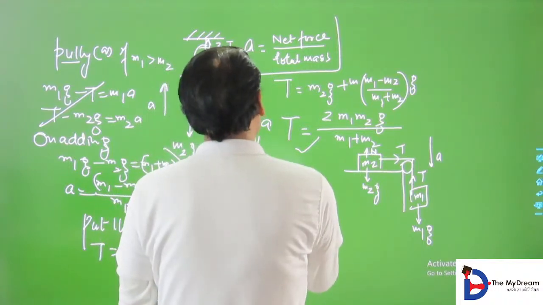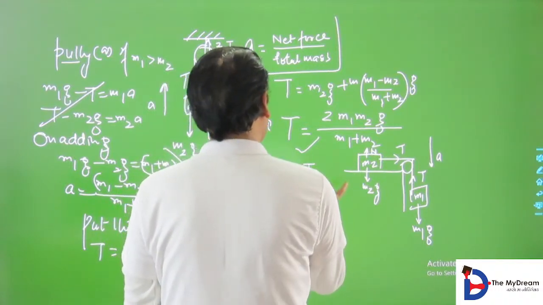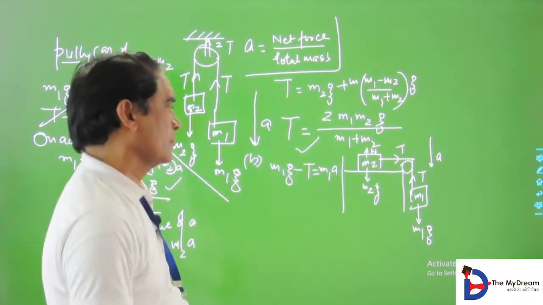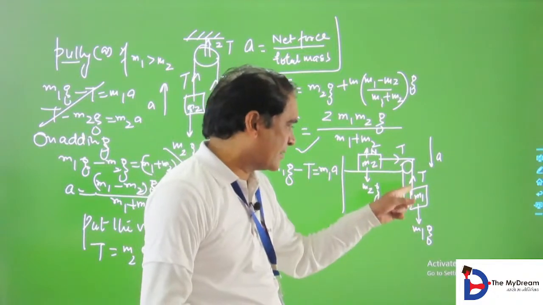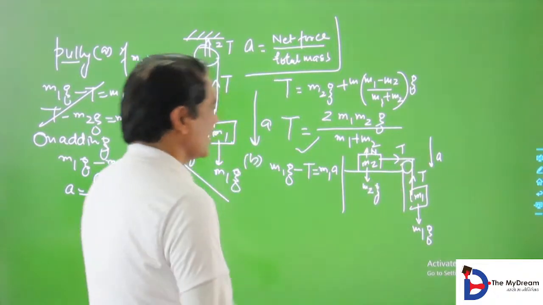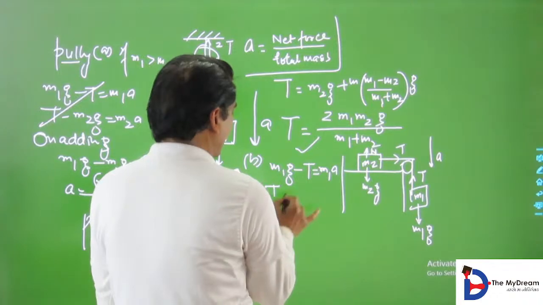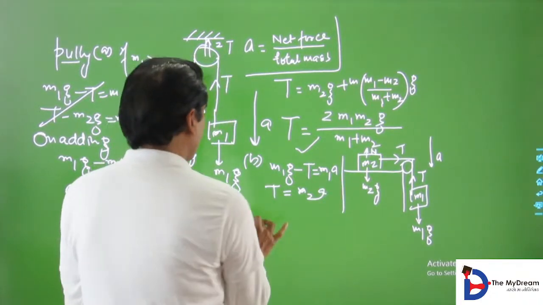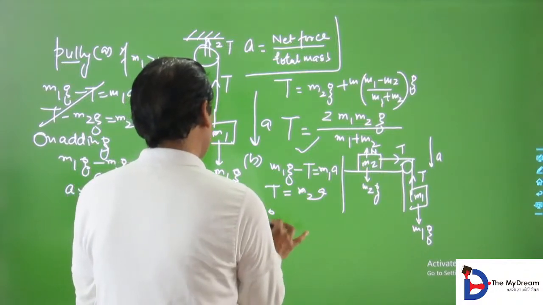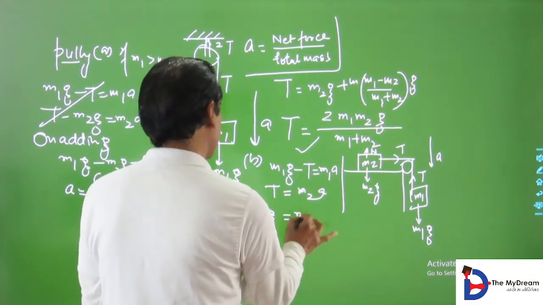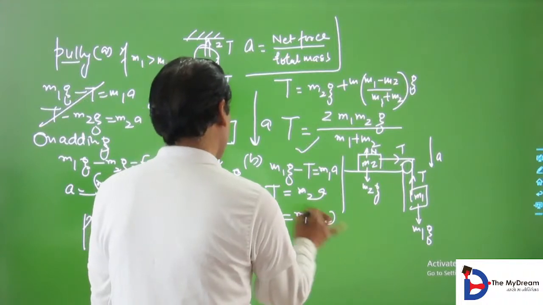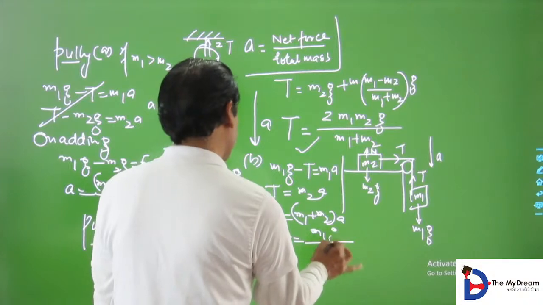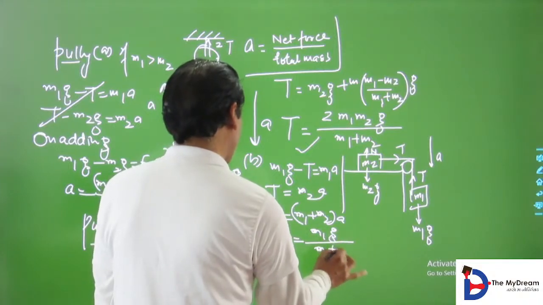So m1g minus T is equal to m1a. This minus this is equal to this. Against T no force is acting, so directly write m2a. So on adding, m1g is equal to (m1 plus m2)a, so a is equal to m1g divided by m1 plus m2.